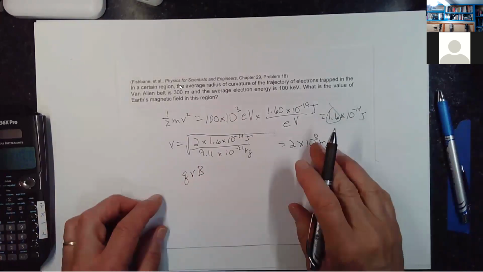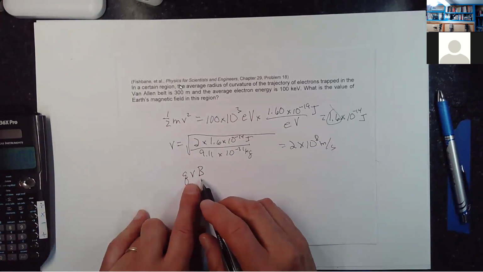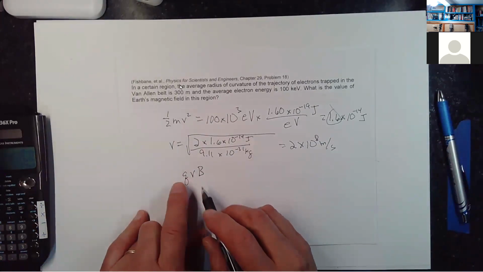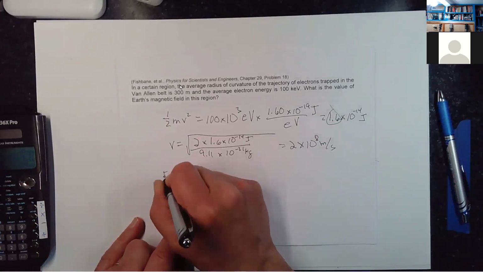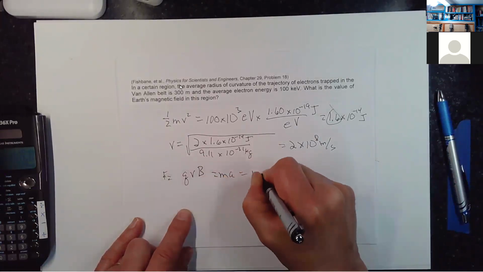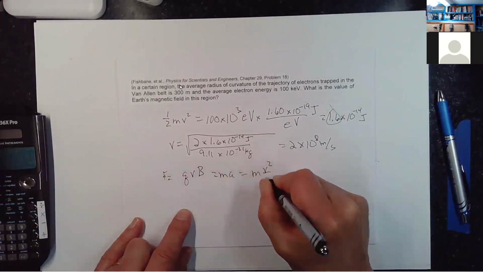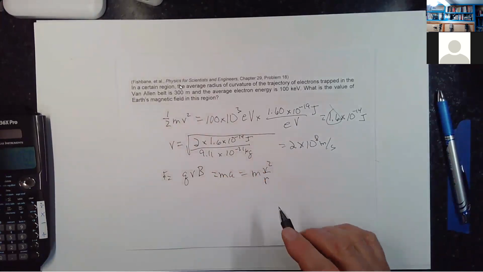It's about all we can do because we're not told what that angle might be. But QVB, this would be the maximum force, is going to equal the force that's acting on the electrons, which is MA, which is MV squared over R. Oh, I guess I could have saved myself some trouble here.